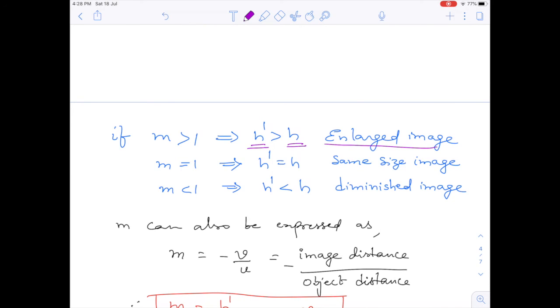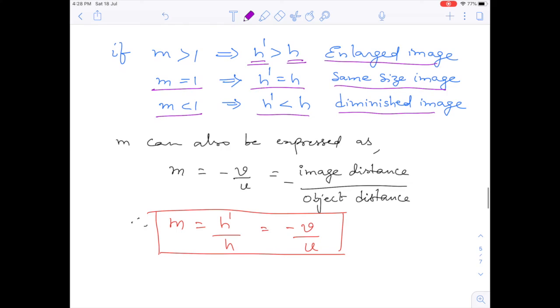That means it is enlarged. If m is equal to 1, h dash is equal to h. That means same size as that of the object. And then if m is less than 1, then the ratio h dash by h is less than 1, which means h dash is less than h, which means it is a diminished image. Height of the image is less than height of the object.